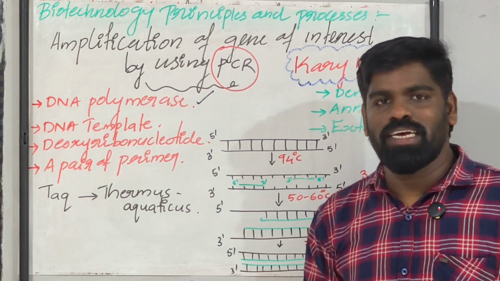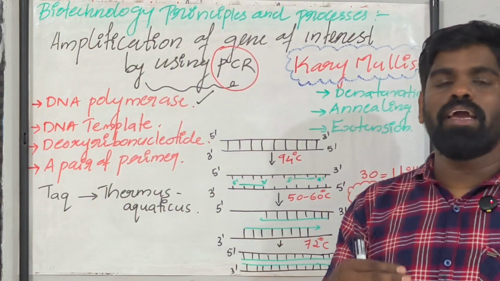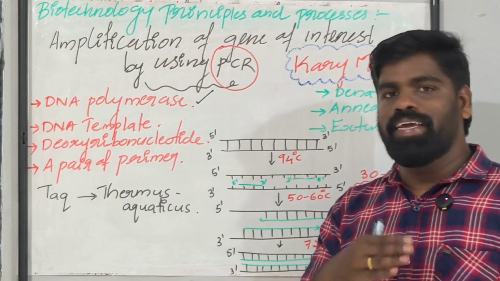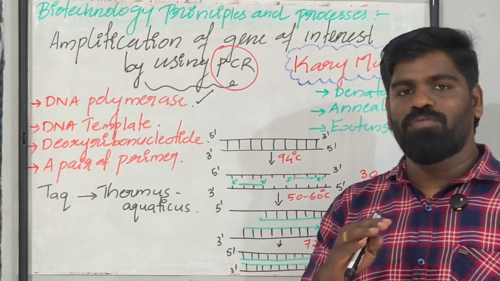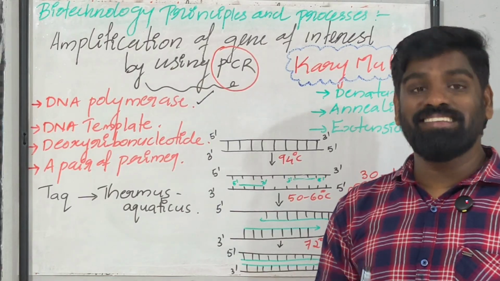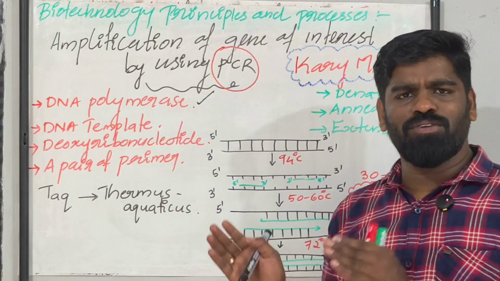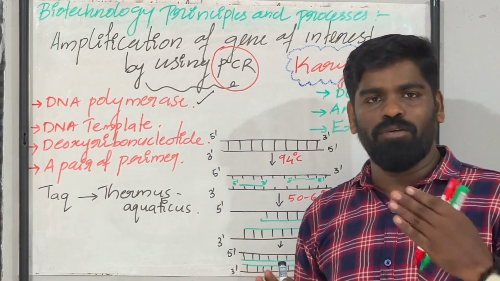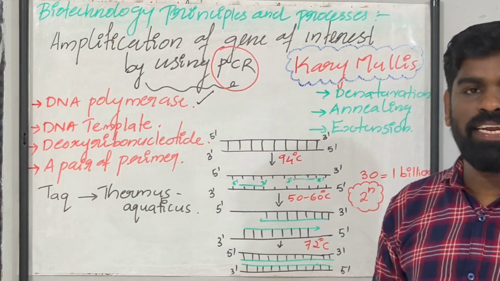As we all know, this enzyme is required for making a complementary strand. We have already studied DNA replication in molecular basis of inheritance. For making a complementary strand, we require the enzyme DNA polymerase. Here also, as in replication, the same process takes place. So for making a new DNA fragment, we require an enzyme.